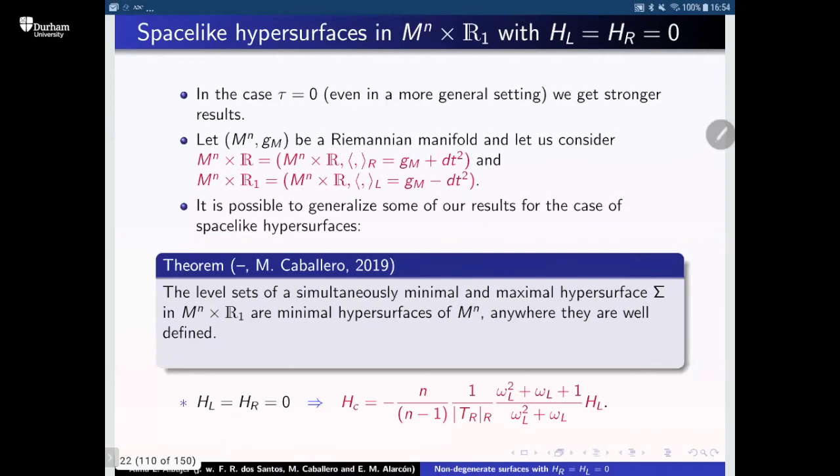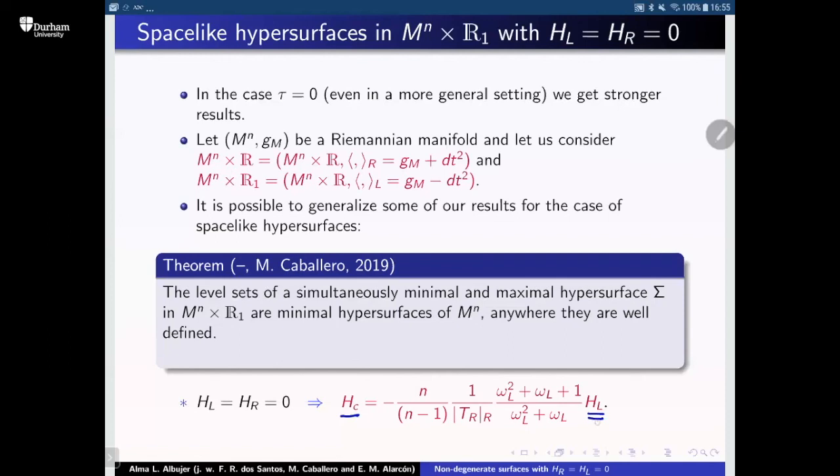To do this, from the fact that both mean curvature functions vanish, we can write the mean curvature of every level set, which I denote H_c, in terms of one of these two mean curvatures, H_L, for instance.